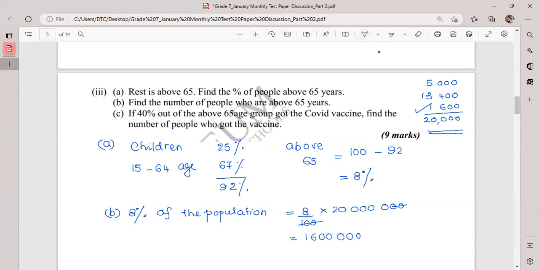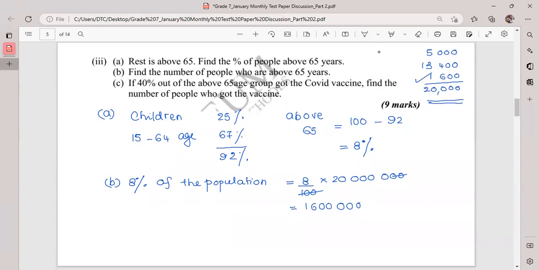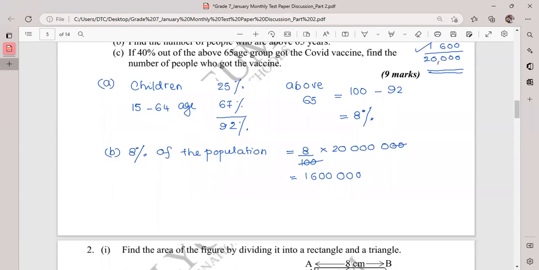So then part C, what they have asked: if 40% of the above 65 age group got the COVID vaccine, find the number of people who got the vaccine. Now, part C, children, you want to understand, by any chance if you got a wrong answer for part B, definitely your part C also will be wrong, because you want to find the correct number of people in the 65 age group.